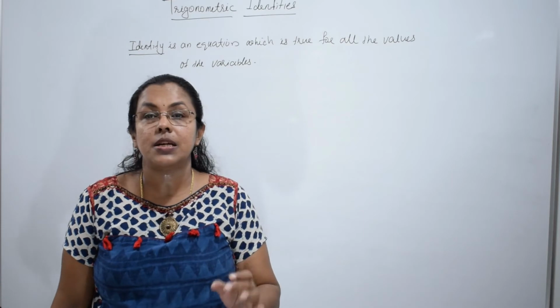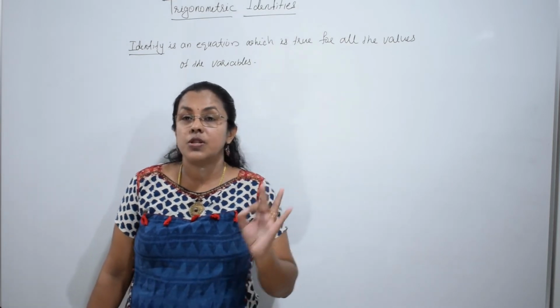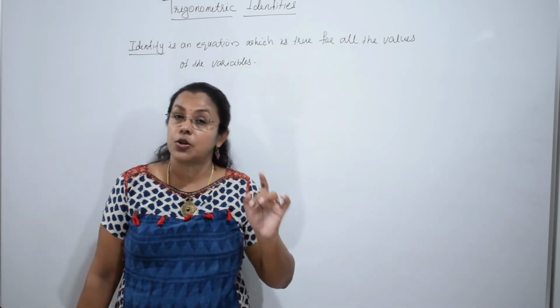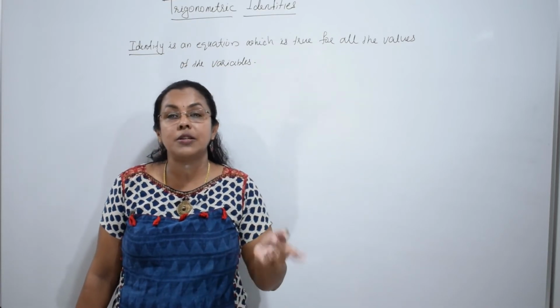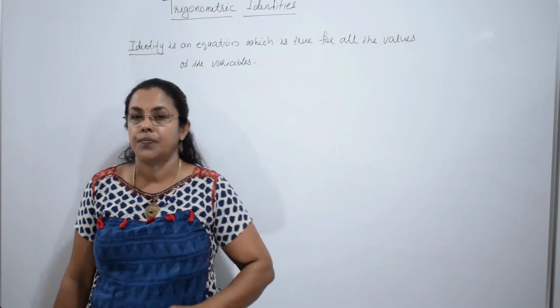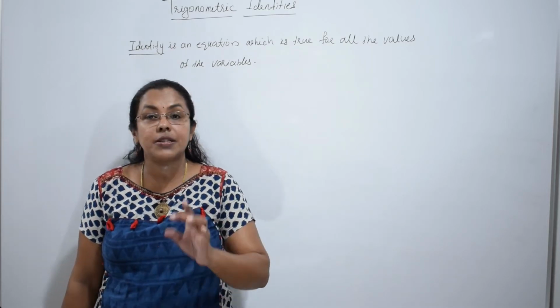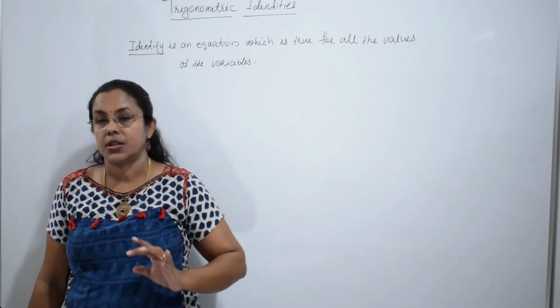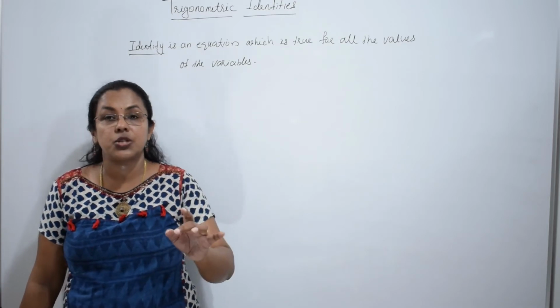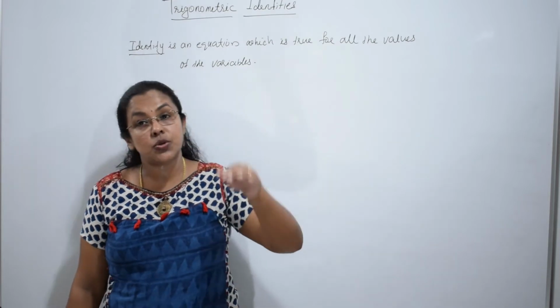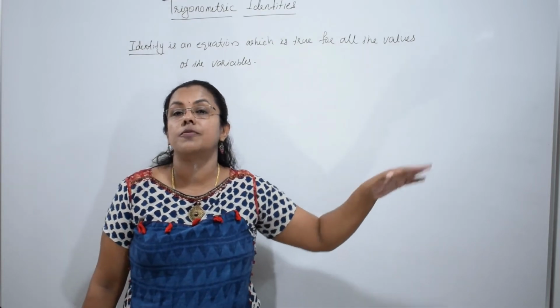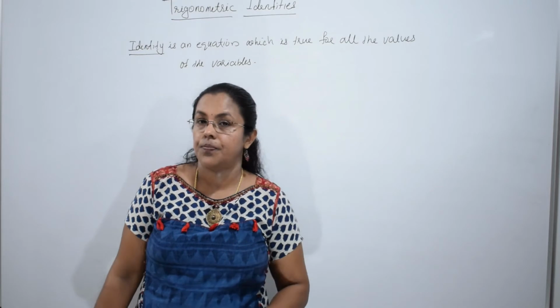A trigonometric identity is an equation which contains trigonometric functions and is true for all the values of the variable theta.